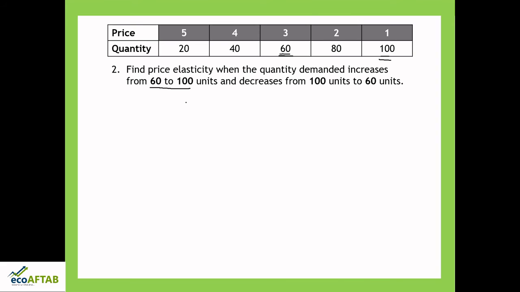Here we are speaking about what will happen when the quantity demanded decreases. So, this is our first question to be solved and this is our second question to be solved. I will not solve it over here, I will just leave it for you all. Just try to check what will be the value of elasticity of demand for the first situation and for the second situation.